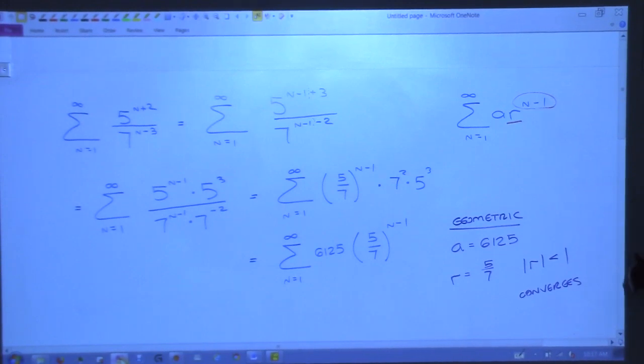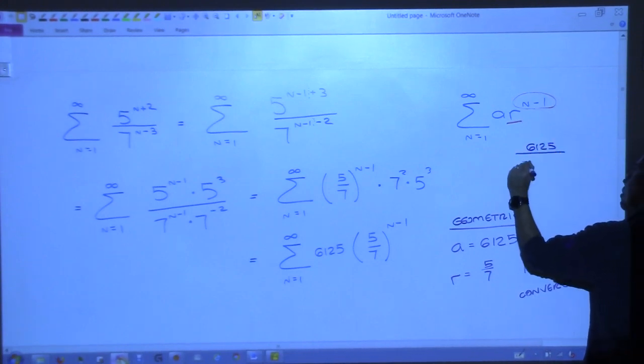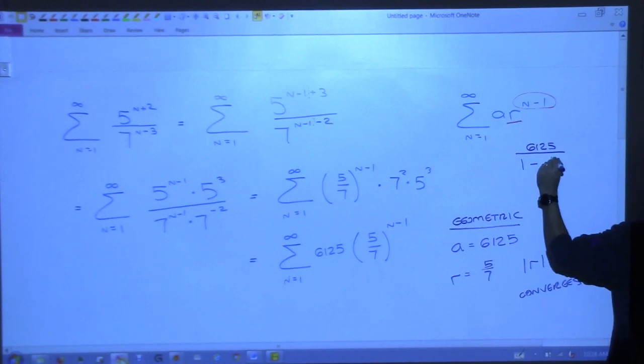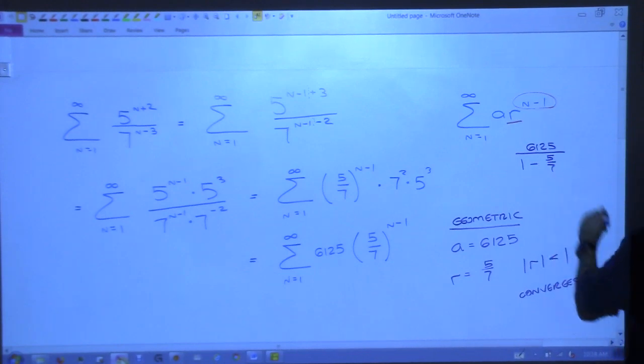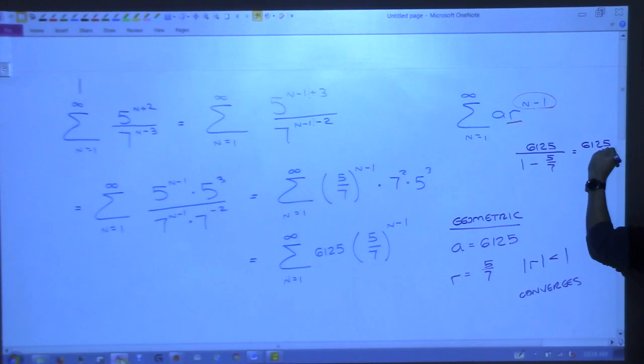Yeah, so just do the formula. A over 1 minus R, right? That's it? So I'm just going to put that answer right here. A is 6125 over 1 minus R, but R is 5/7. So what's 1 minus 5/7? 2/7?